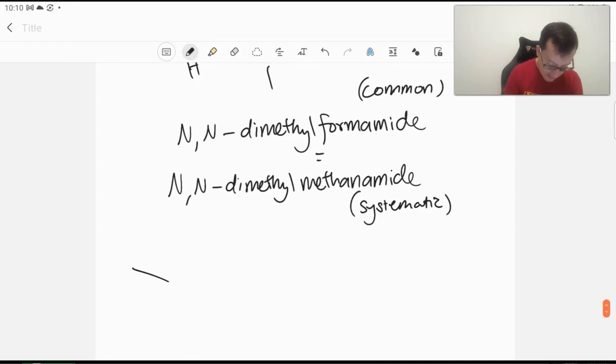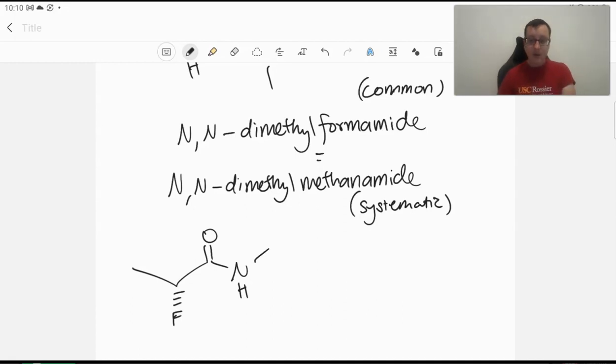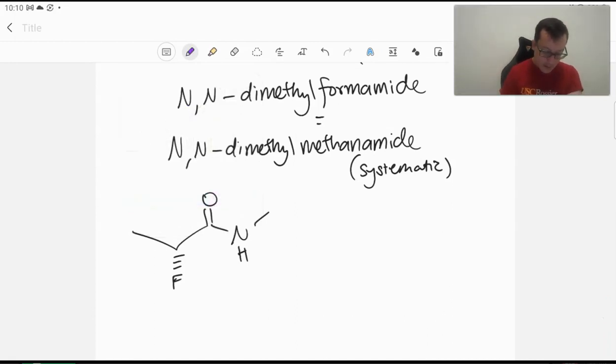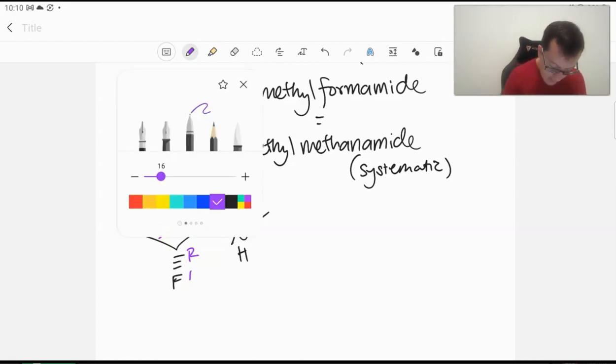So if we had something like this, we're in priority 1, 3. This is now an R stereocenter. Remember, nitrogens don't thankfully have chiral centers because they rapidly invert, so we're safe there.